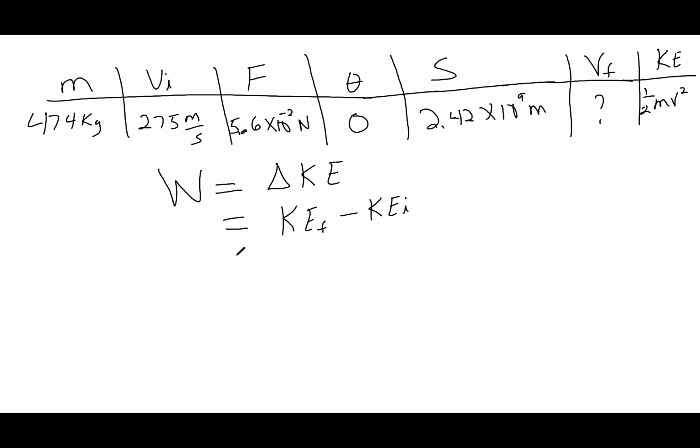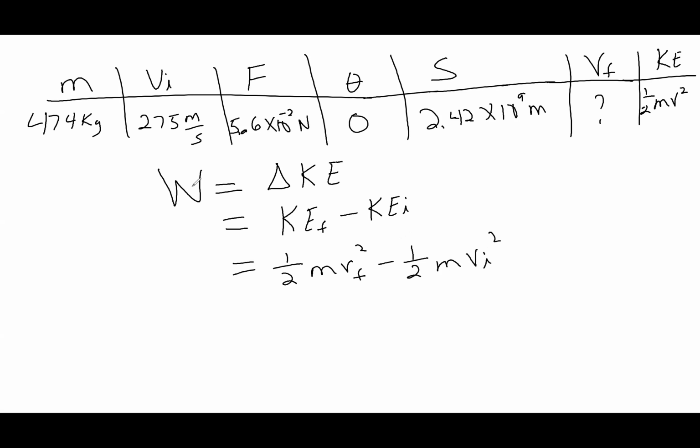Final means the final what? Speed. The kinetic energy for the final speed minus the kinetic energy for the initial speed. So then I have 1/2 mv final squared minus 1/2 mv initial squared. All of that is just a change in the kinetic energy.